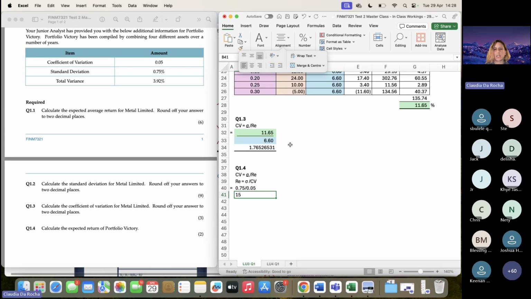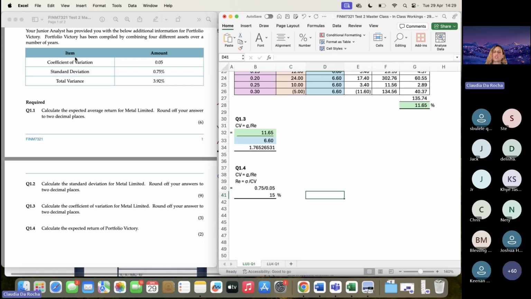And this is a percentage, 15%. All right, any questions on 1.4?